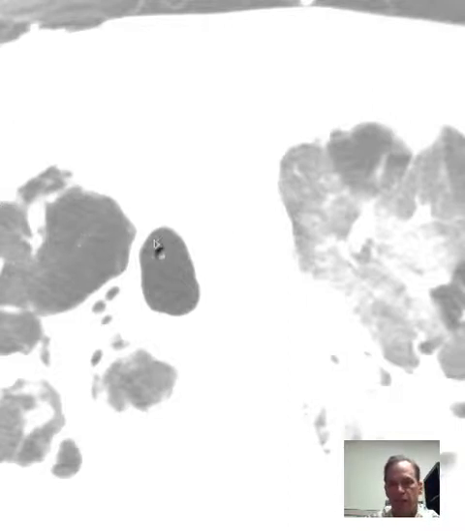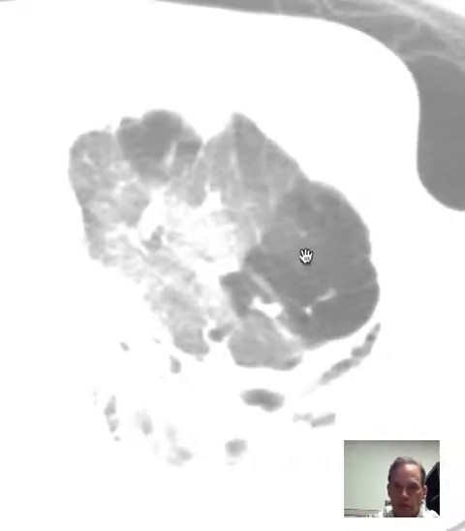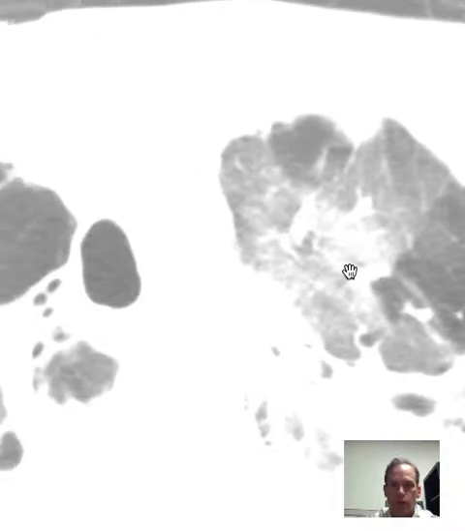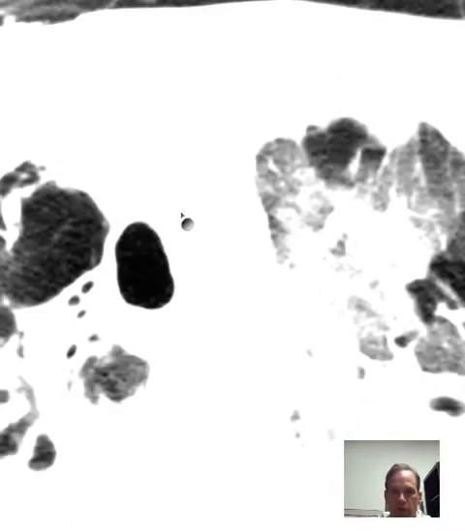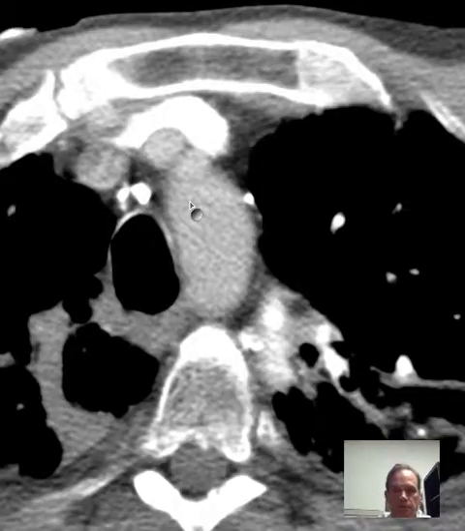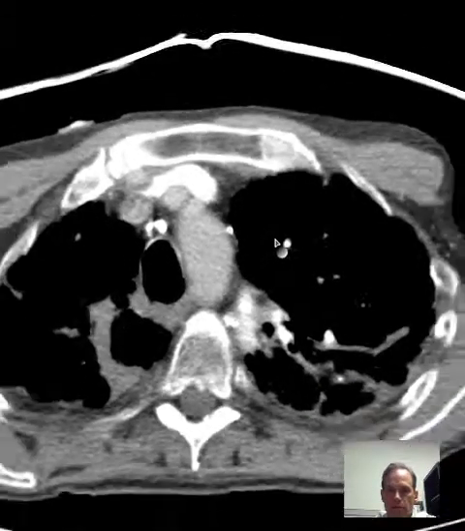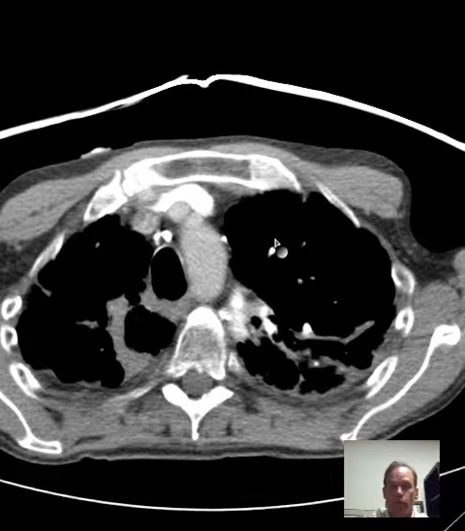There may be a little fine septum here, and if we look over here, also very lucent. So these hyperlucent areas of the lung are typical of pulmonary emphysema. There's destruction of lung tissue, and it's that which causes not only the difficulty with the patient's breathing, but also the increase in pulmonary arterial blood pressure. Okay, so let's make that a little bit bigger.